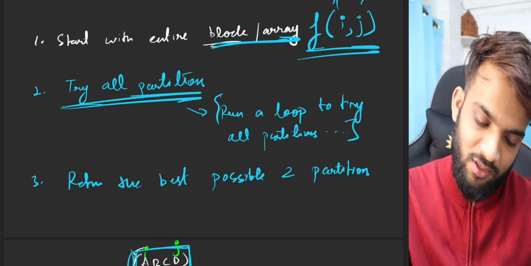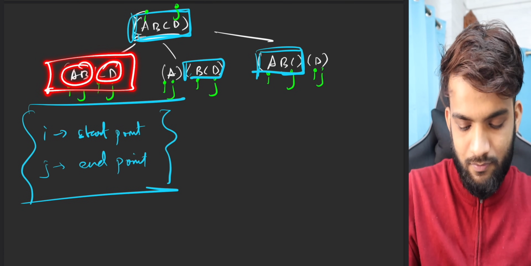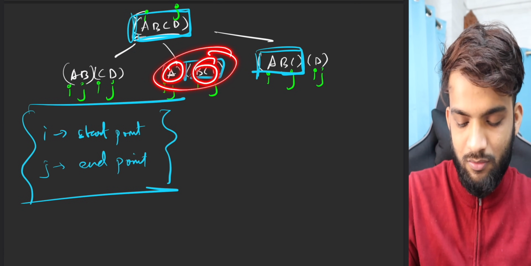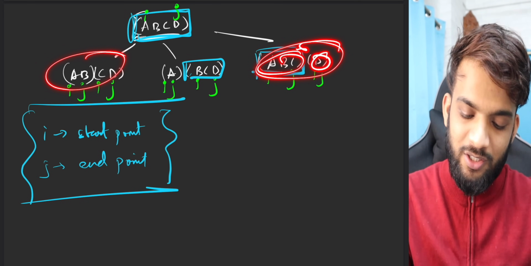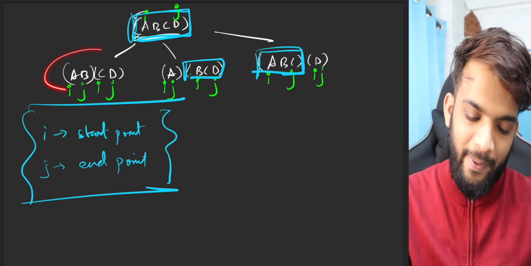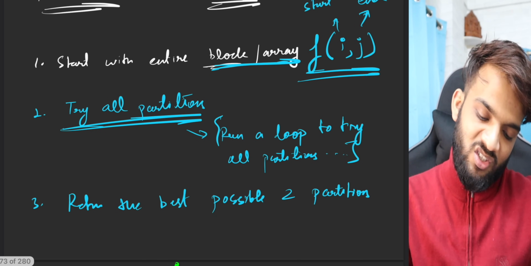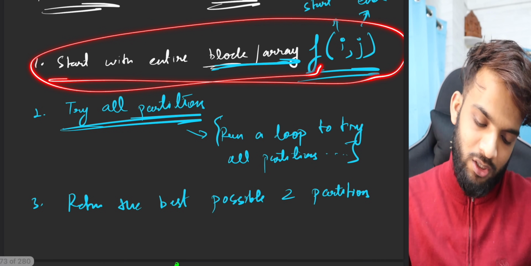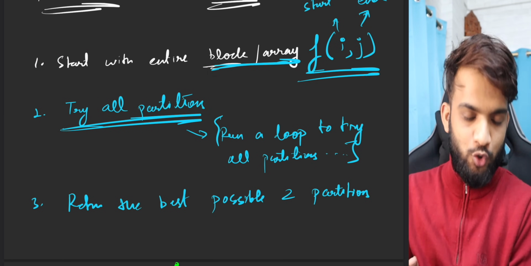Let's understand this. Which 2 partition is the best? You return it. So 3 steps. Start with the entire block. Try all partitions because you're going to try out every possible way to solve it.